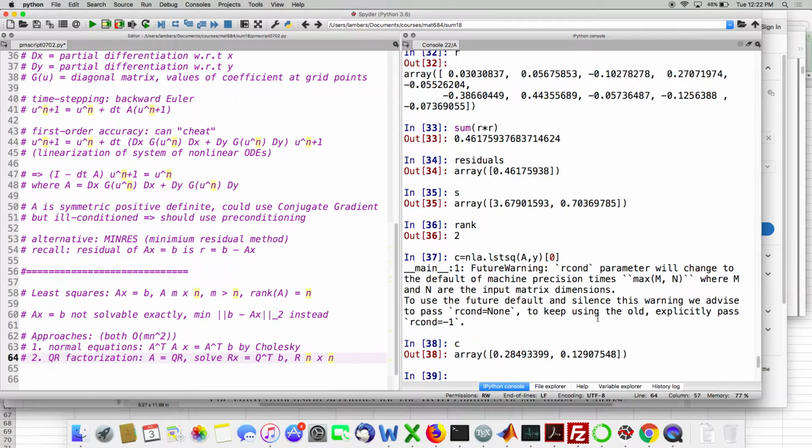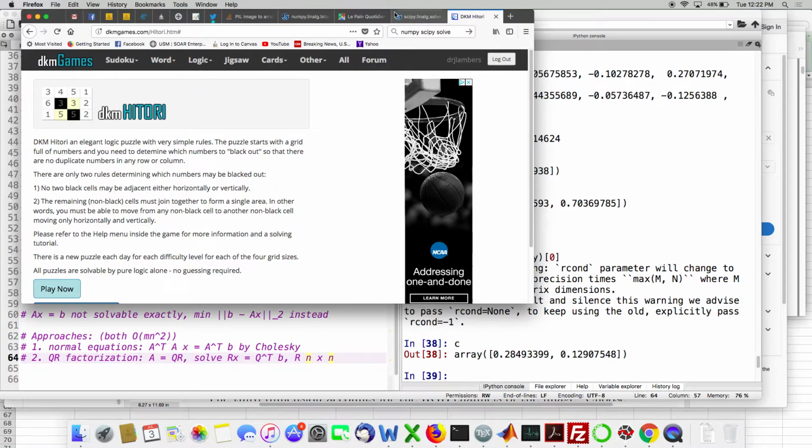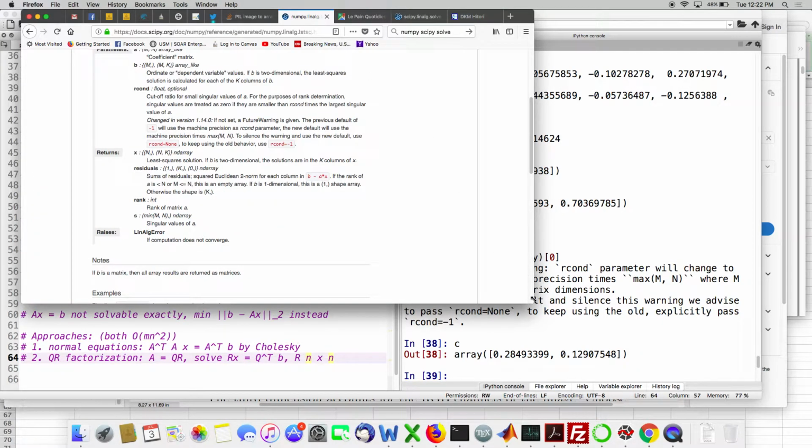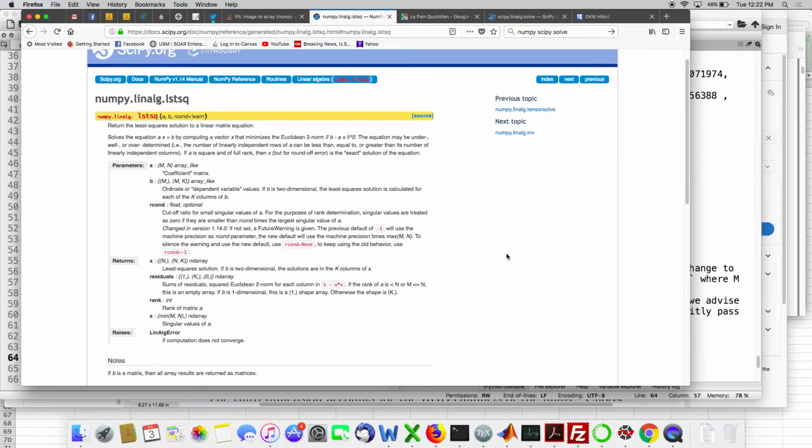But it's important, if you look up in the documentation, what outputs does it return? Because if you're not careful, you might get some error because you try to do something with the output and you find that you're interpreting the output incorrectly. Check your documentation. Yeah, lstsq.